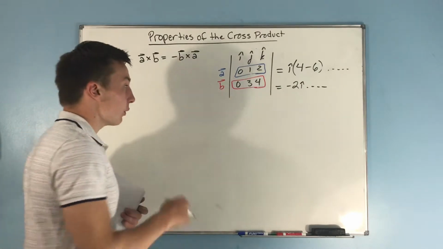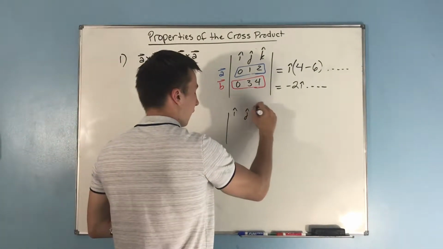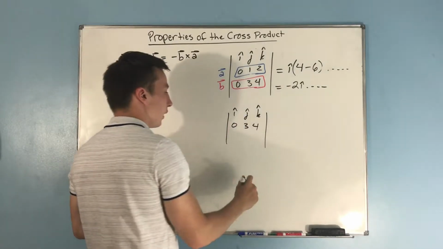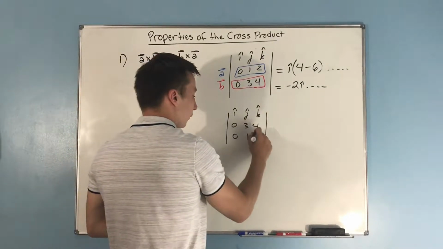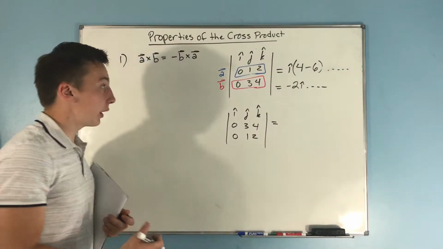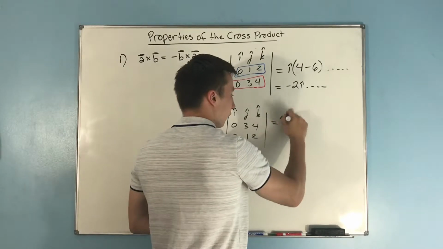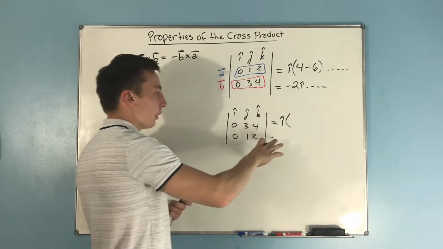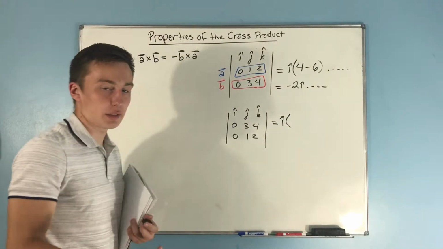Okay. However, if you did B cross A, then you have I hat, J hat, K hat, and now 0, 3, 4 is going to be the first vector, and your second vector is going to be 0, 1, 2. When you find the determinant of the whole 3x3, each step is a different 2x2 matrix that you're finding the determinant of.